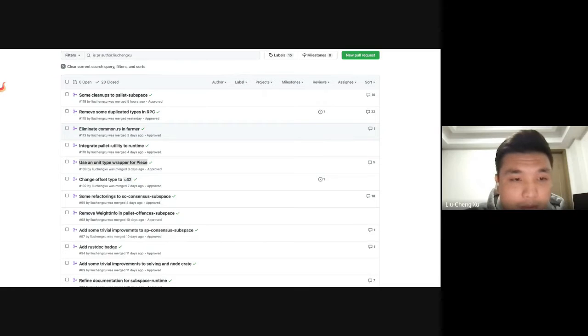So last week I was still working on some refactoring PRs, and another part was the decoupled execution. We have had several meetings, and basically I have an overall idea for the next stage.